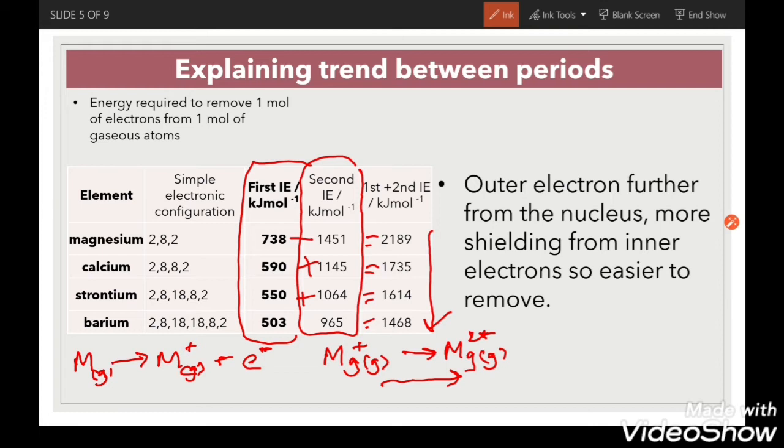So we know we form our 2+ ions, and it's easier to form the 2+ ions as we go down the group. So our reactivity increases down the group.